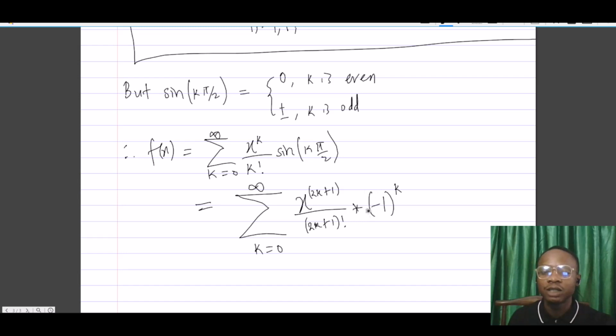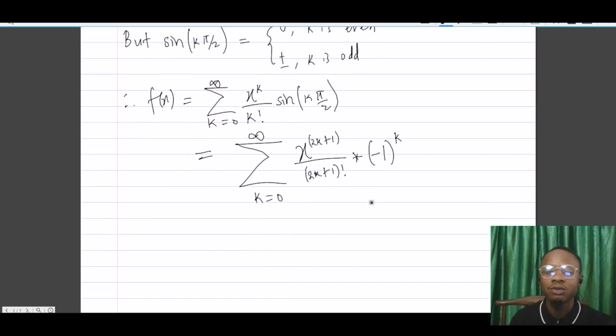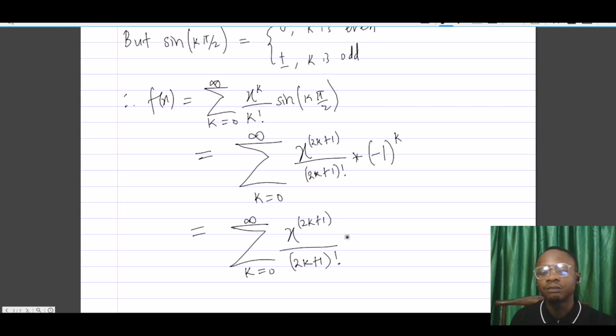So we know that when k is equal to 0, this will be plus. When k is equal to 1, this will be minus. When k is equal to 2, it will be plus, and then it keeps changing like that. So let's write this out properly. This is going to be equal to the summation from k equal to 0 to infinity of minus 1 to the power of k, x to the power of 2k plus 1 divided by 2k plus 1 factorial.